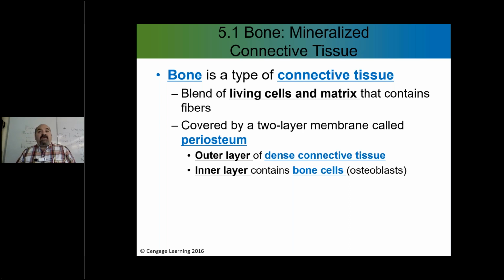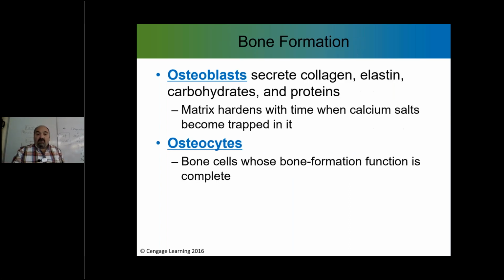They synthesize, create bone. In the periosteum, that covering of the bone, there's an outer and an inner layer. The outer layer is that dense connective tissue. It's really, really tough tissue. It's a good thing. Protective. The inner layer has bone cells, in particular those osteoblasts, those cells that will build the bone.